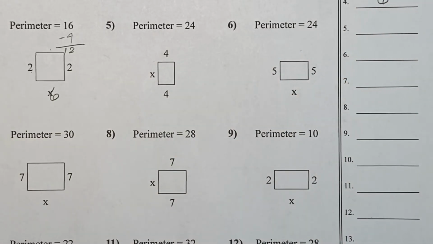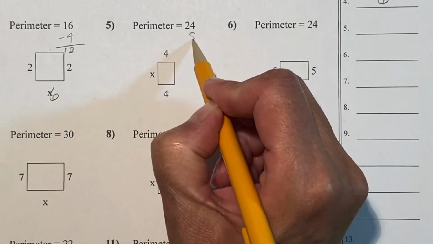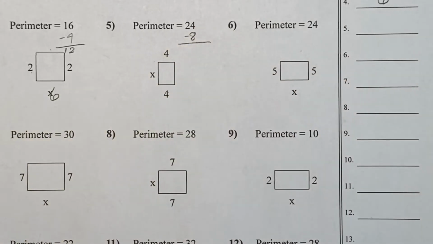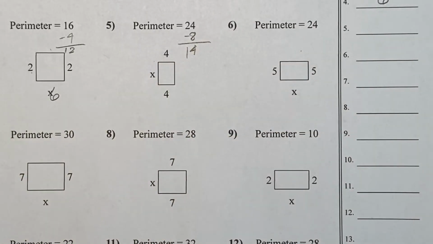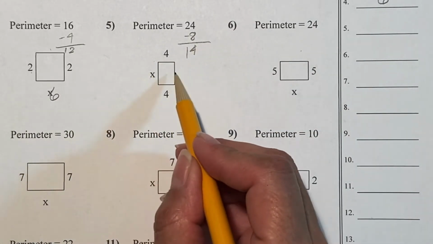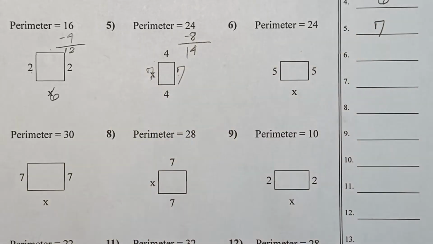Let's take a look at number 5. Perimeter is 24. I'm going to subtract these two, which is 8. 24 take away 8 is 14. Half goes here, half goes here. X equals 7.